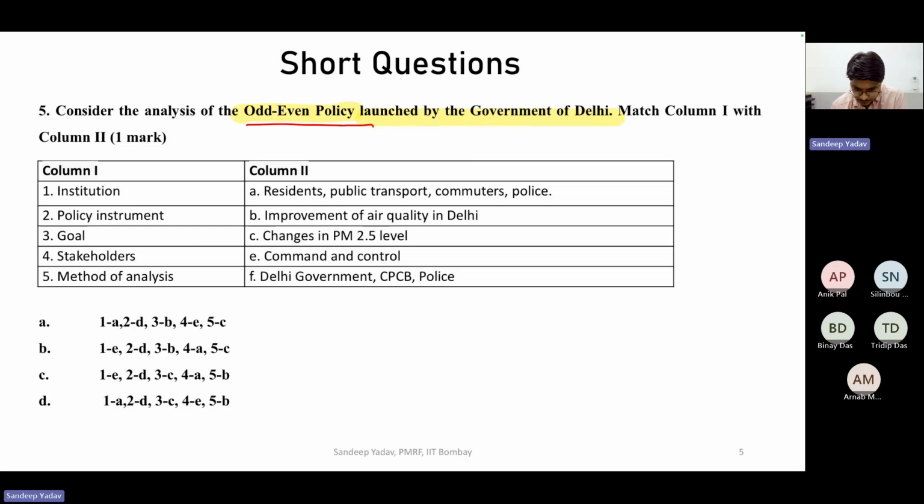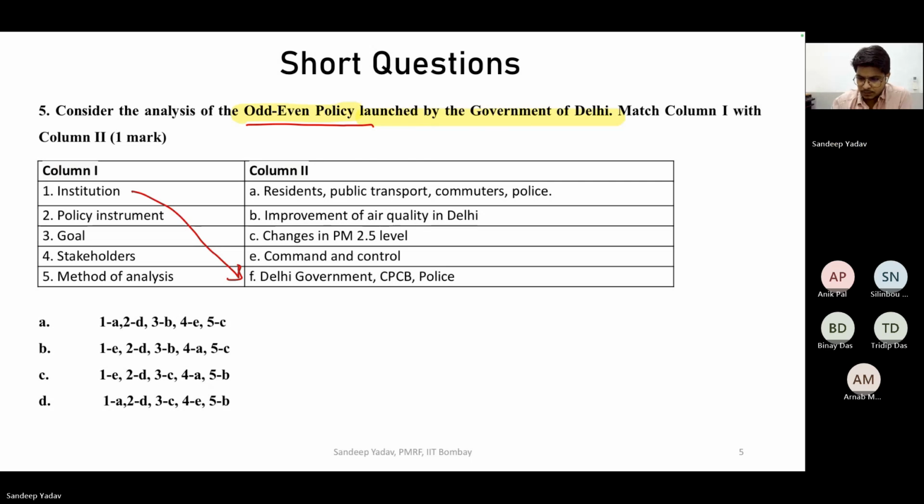What should be the institution can be matched from column number 2. The institution can be command and control? Sorry, this is a mismatch. As we have studied, the institution is Delhi government, CPC and police.